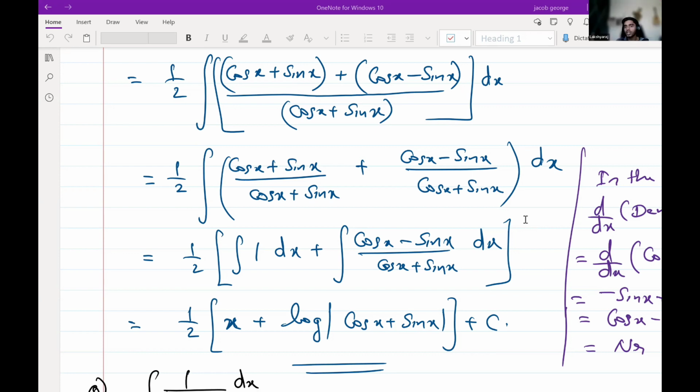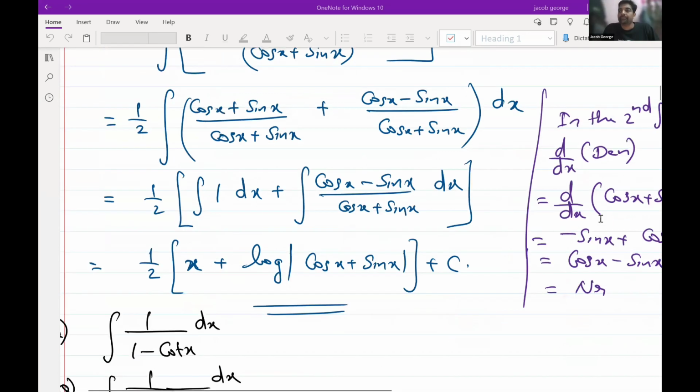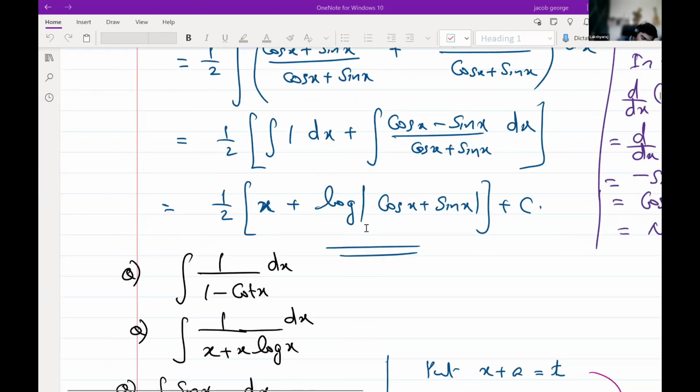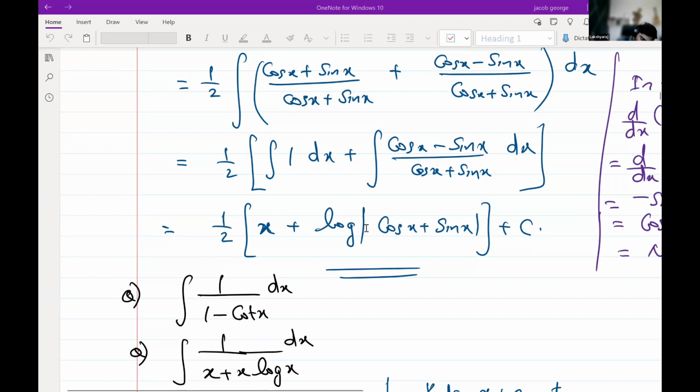So we take integral of 1 by t when we see the derivative of the denominator as the numerator, or some multiple of the numerator. That type we can do.